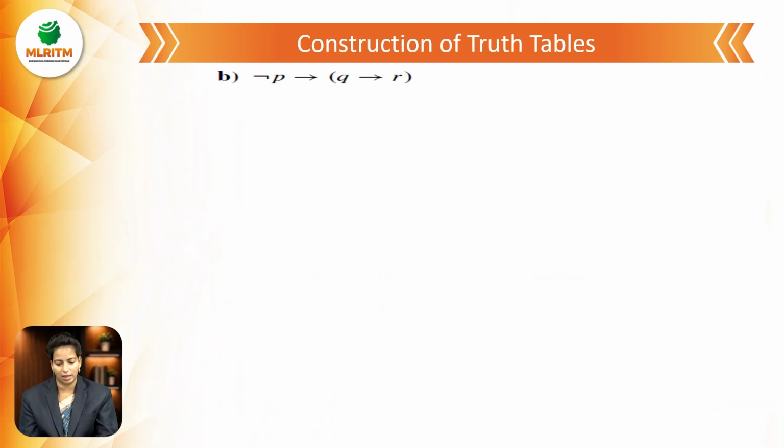Let us consider the second example: negation P implies (Q implies R). Before construction of any truth table, first we observe how many variables there are. In this example, we have three variables, P, Q, R. So write down P, Q, R. 2 power 3 equals 8 possibilities.